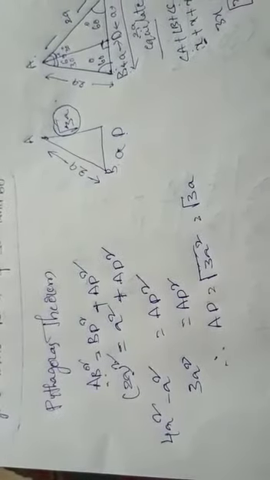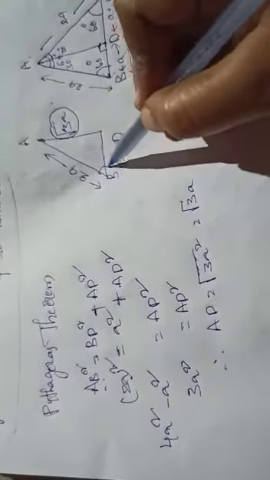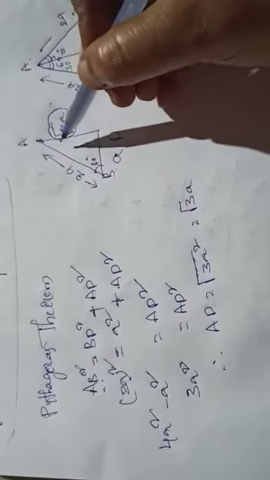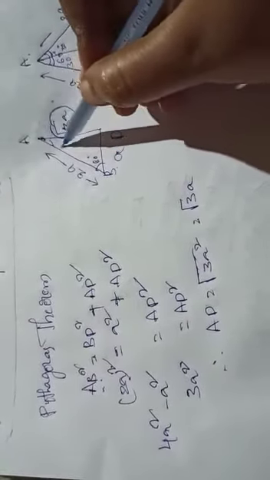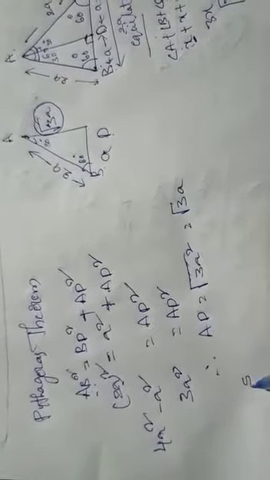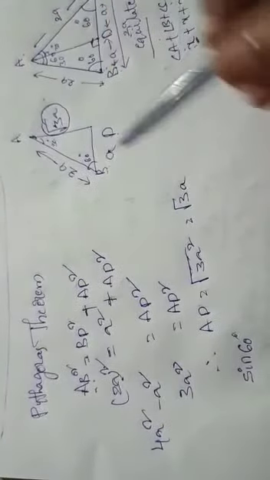Here angle B equals 60 degrees, angle A is 30 degrees. Sine 60 degrees. Here the reference angle is 60 degrees.